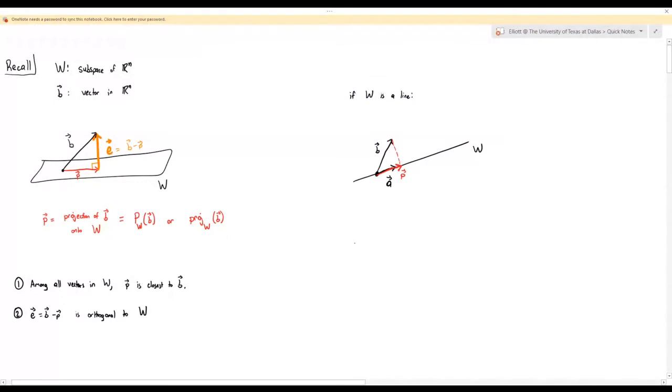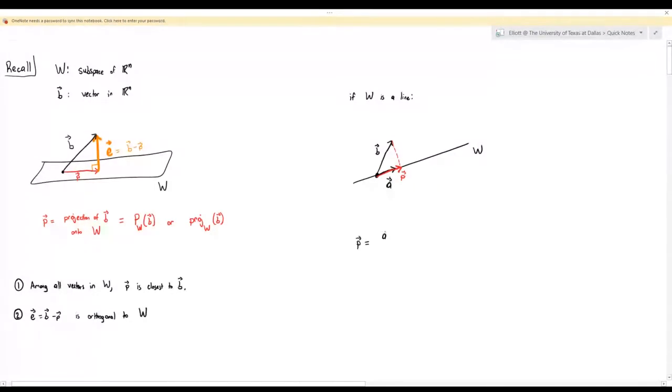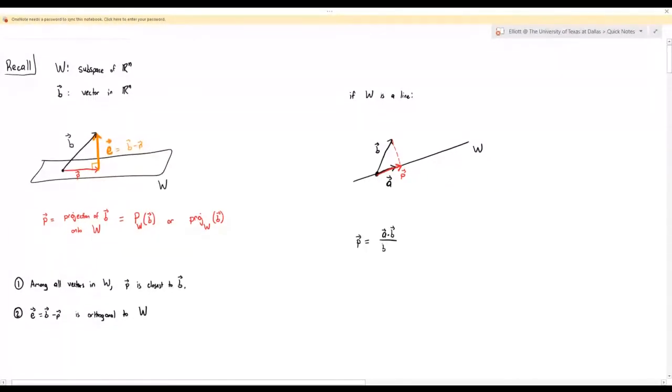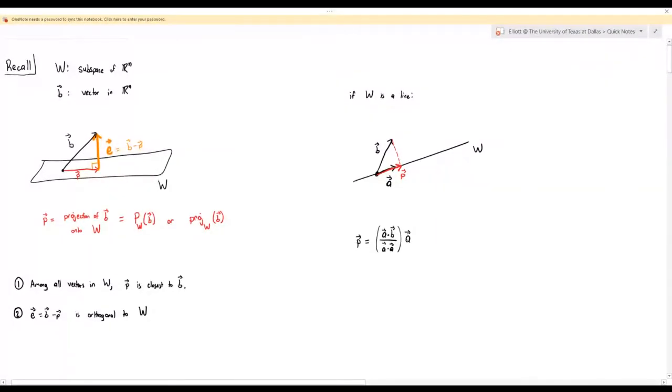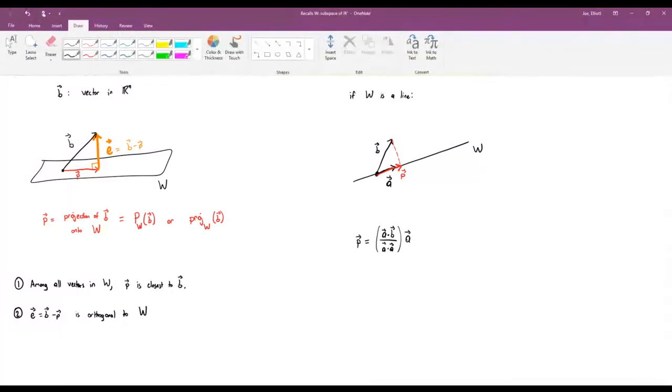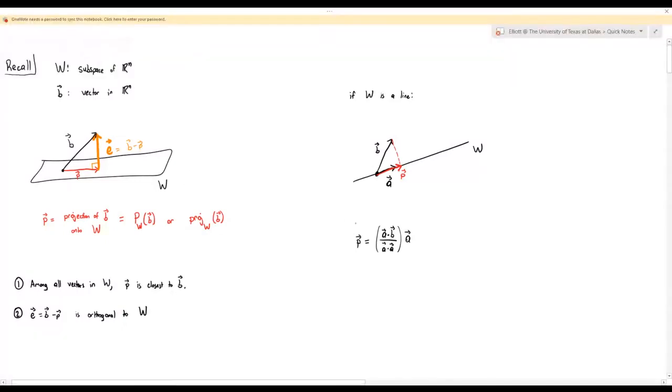And then we had this formula that the projection was equal to A dot B over A dot A times vector A, okay?